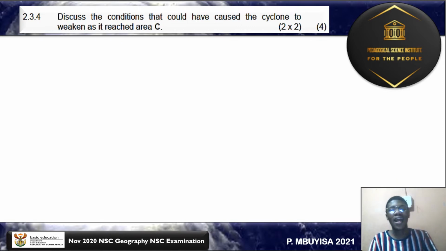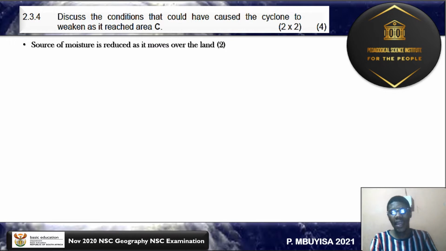It says discuss the conditions that could have caused the cyclone to weaken as it reached area C. So what may have caused the cyclone to weaken as it reached area C? Now remember, C was on land. So as the cyclone moves on land, there is no source of moisture, so the source of moisture is reduced.